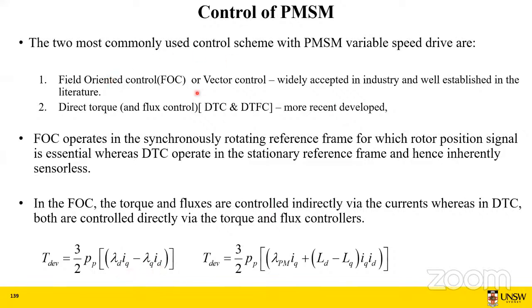Okay, so field-oriented control is an indirect torque control method. We control torque indirectly via controlling the current or flux. In a PM machine, usually you don't control the flux, especially the rotor flux, but you can control the stator flux.